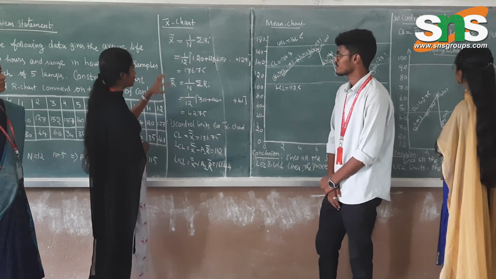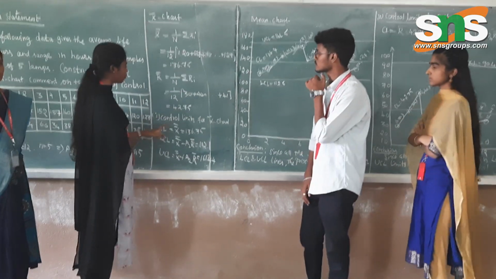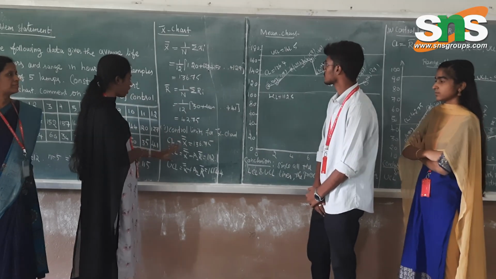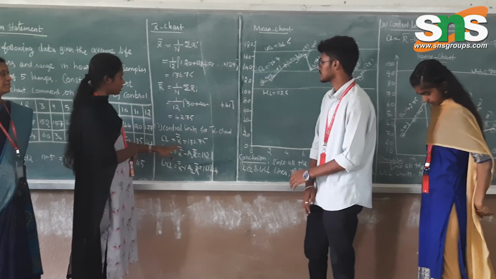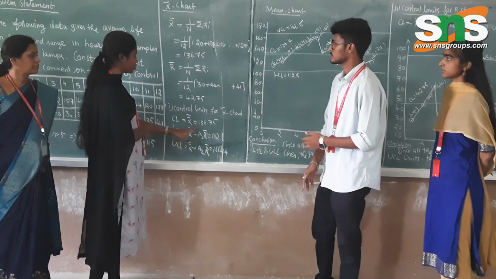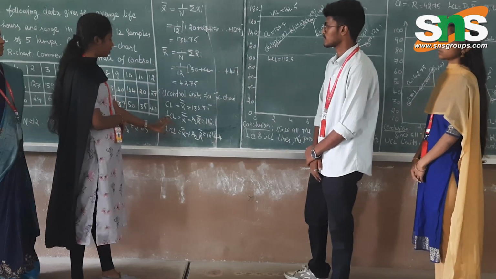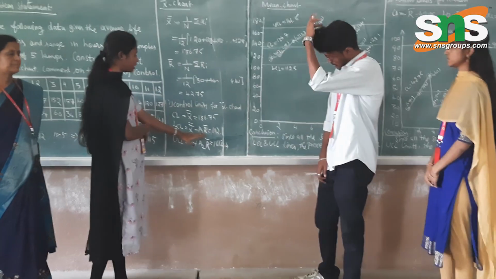After finding the mean average and range average, we go to the control limits for the X chart. We have the formula. The central line is the average of means, denoted as X double bar, which we already found as 136.75. LCL is the lower control limit, X double bar minus A2 R bar.